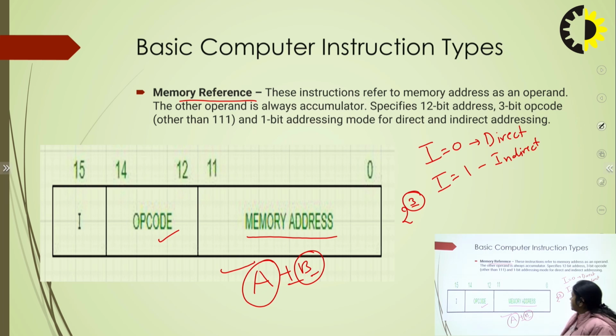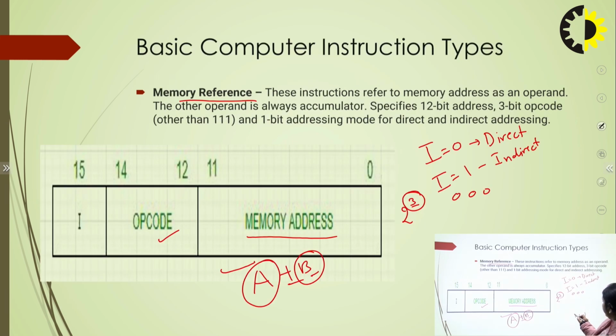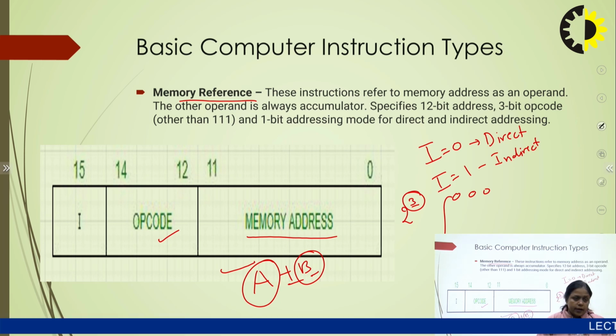That's why it is known as a memory reference instruction. If we see all the combinations from 000 to 111, only 111 is used for the other types of instruction, and all the other combinations will be used for memory reference instructions. So in the memory reference instruction, we have a 12-bit memory address, 3 bits for the opcode and 1 bit for the direct/indirect bit or mode bit.